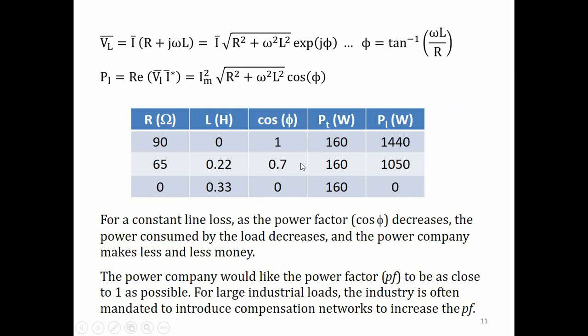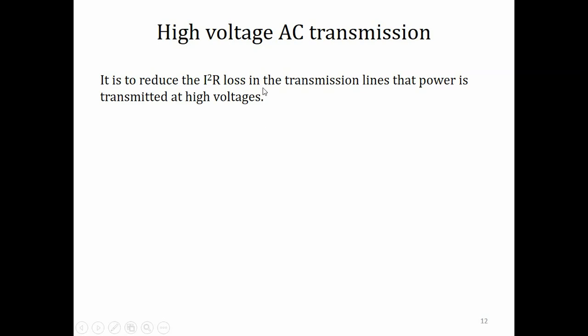But on that note, I want to talk about something else, again related to the I squared R loss in a transmission line. I assume you are familiar with this, but I'll say it anyway. Before that, the voltage that we receive at our plug points, in our homes, for use is 220 volts RMS.